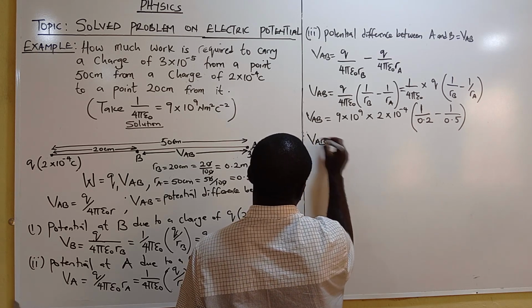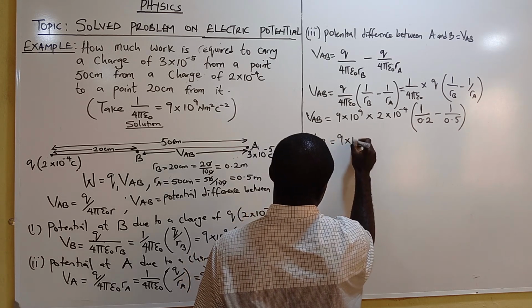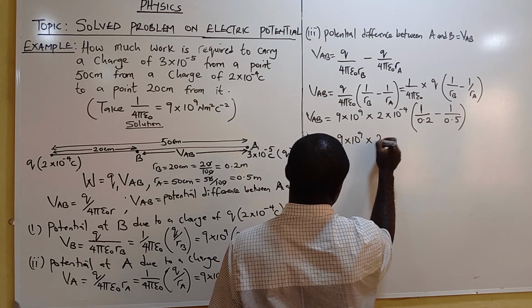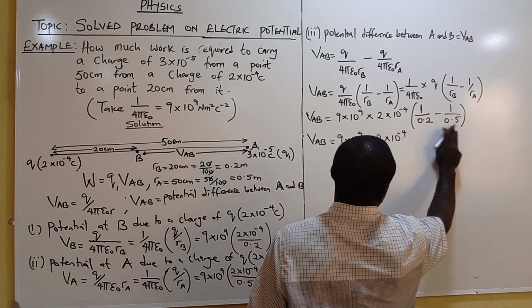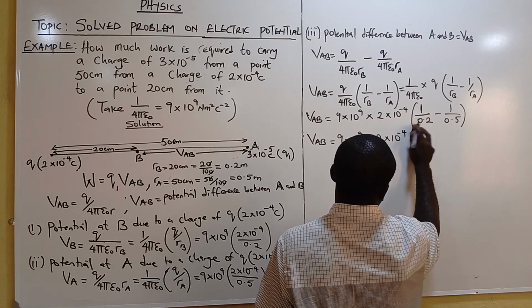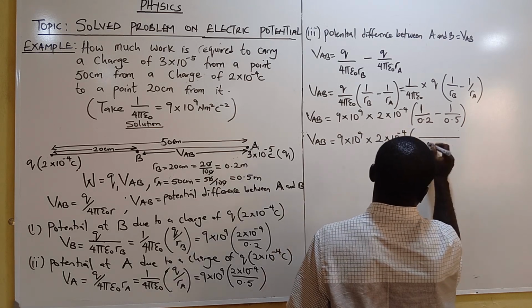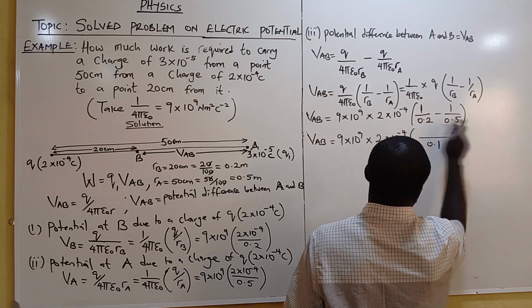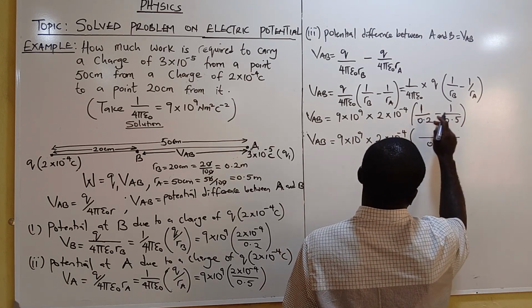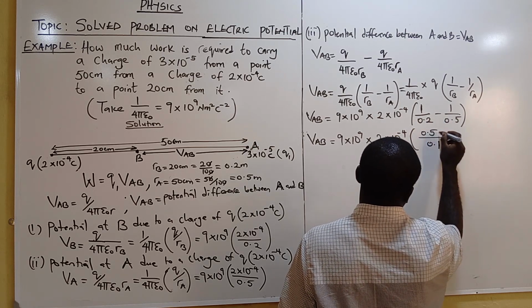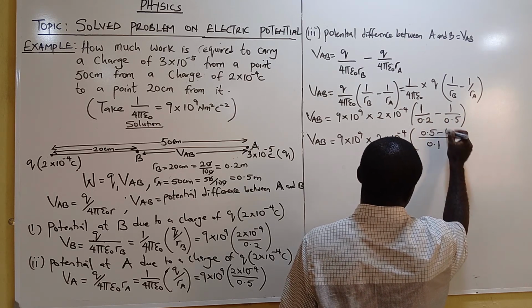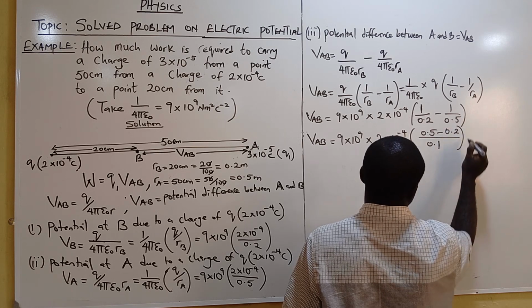VAB equals 9 times 10 to the power 9 times 2 times 10 to the power minus 4. LCM is 0.1. When you multiply it, it gives you 0.1. 0.2 times 0.1 will give you 0.5 minus 0.5 in 0.1 times 0.2.